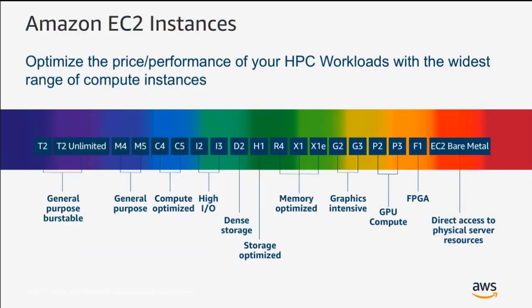Expanding a little bit on the instance suite that's available, the spectrum describes the full range of instances that are currently available on AWS. It encompasses everything from general purpose instances like the T2 series, all the way to bare metal instances that are now offered on EC2.